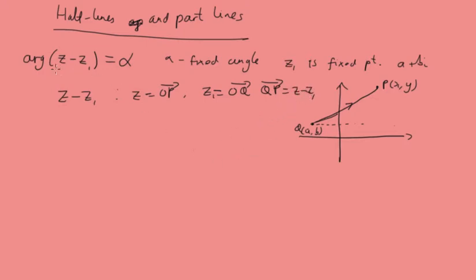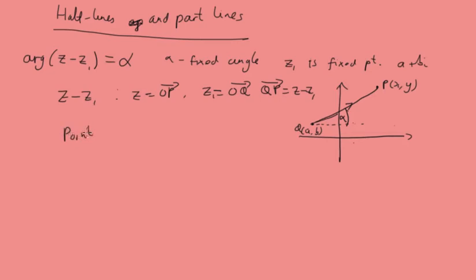Now we're going to define the argument as the angle between a direction parallel to the real axis and vector PQ. So this here is alpha. This is how we define alpha.